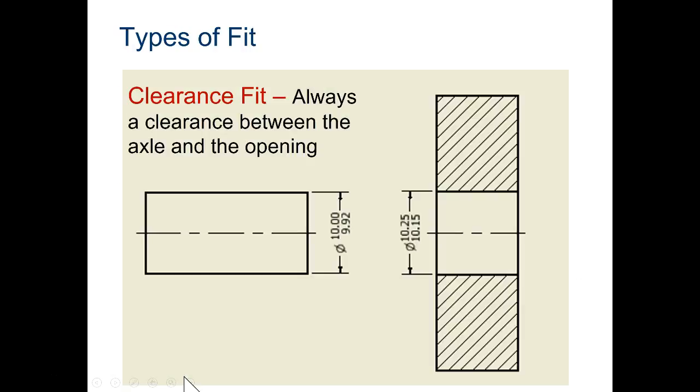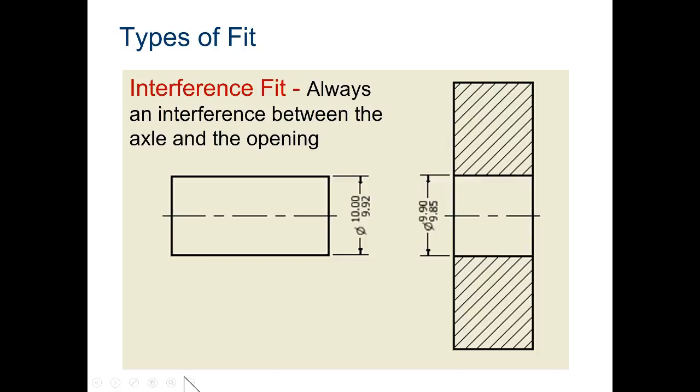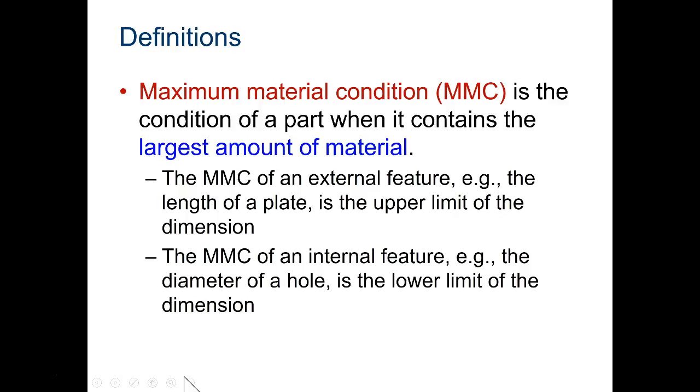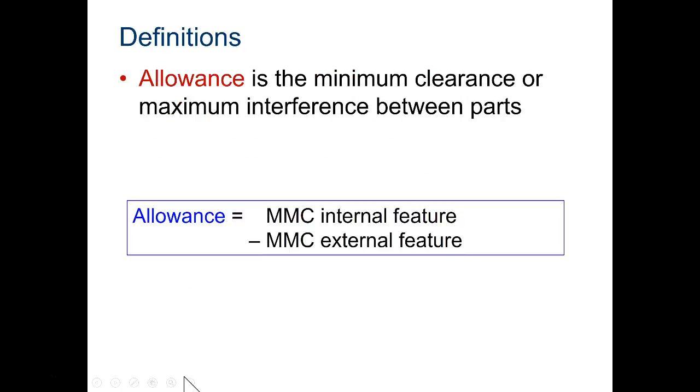This will be handled mostly as a vocabulary quiz later, but it gives you a couple of examples. Also, maximum and least material conditions, we will make those vocabulary questions. So just make sure you have those written down in your notebook, and you're speaking in allowances there.